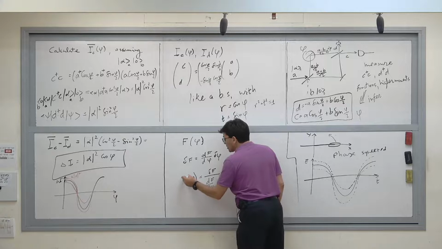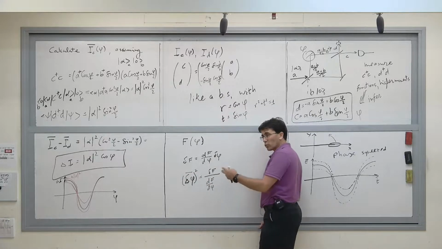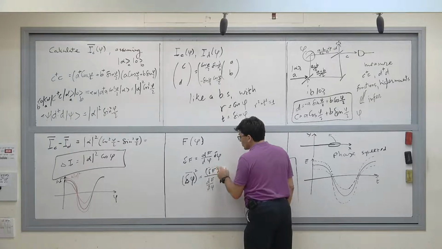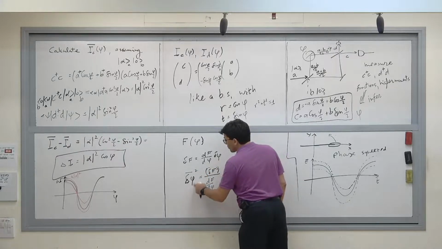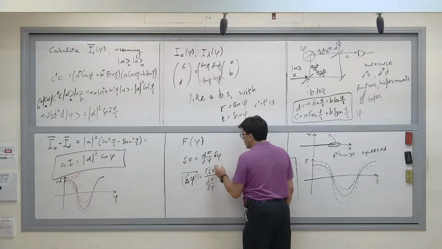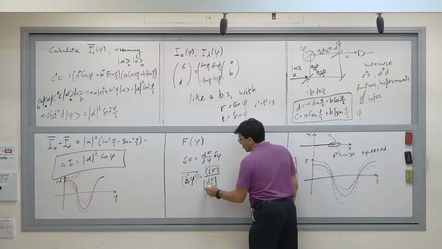The average of delta phi squared is related to the average of delta f squared divided by this absolute value squared.